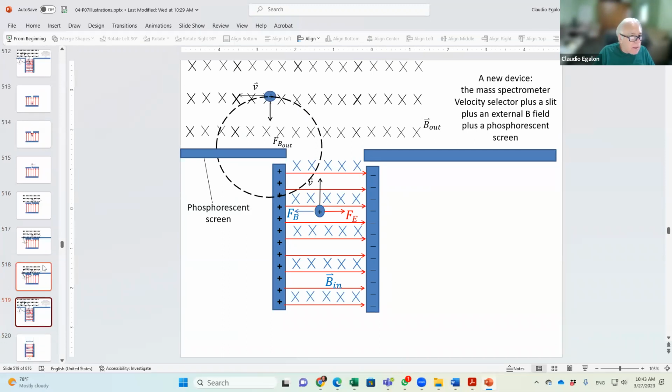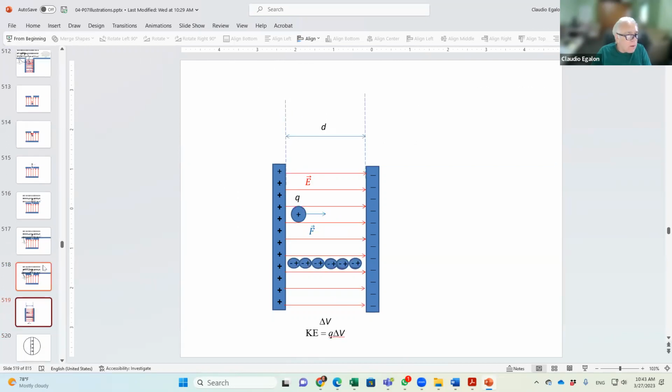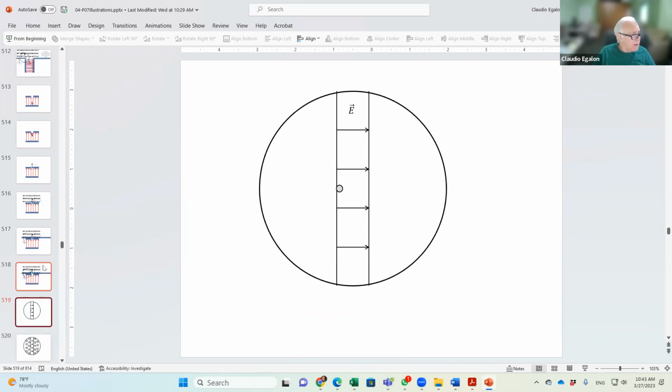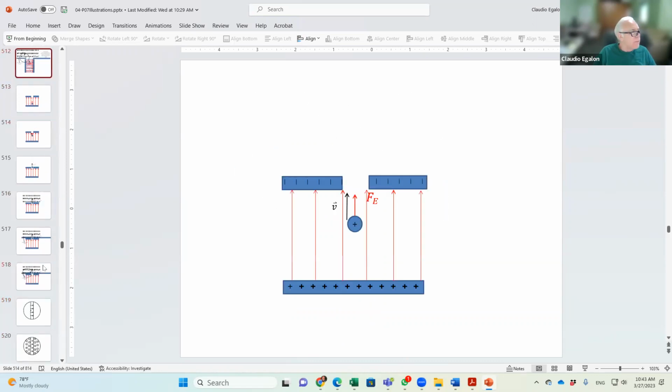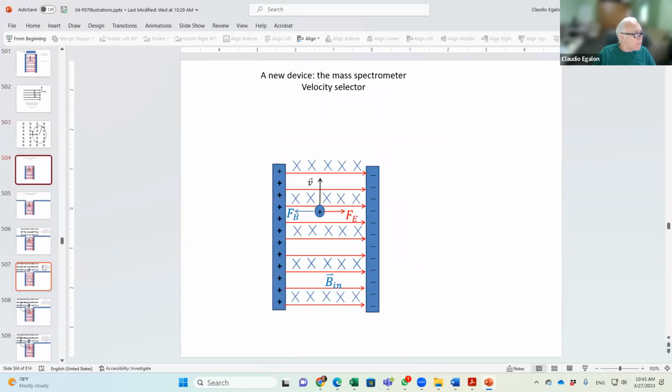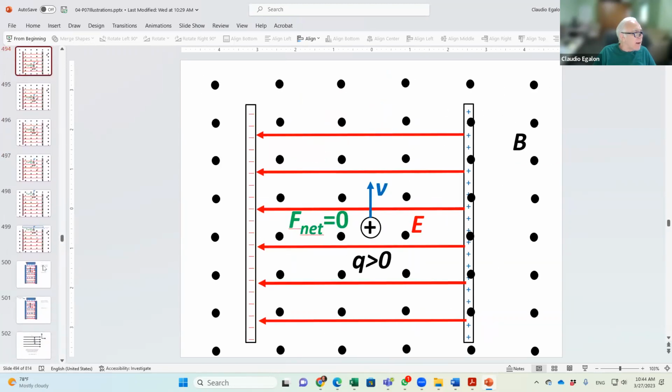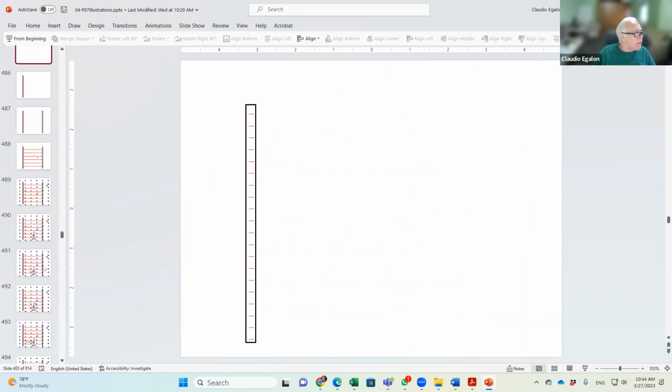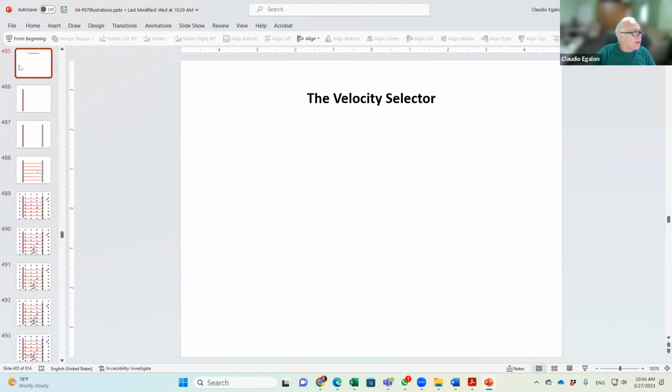Let's see. I think I raised the wrong one. No, I didn't. Okay, this one. I don't think I need this one. Okay. So I'm gonna label that. Here's the velocity selector.